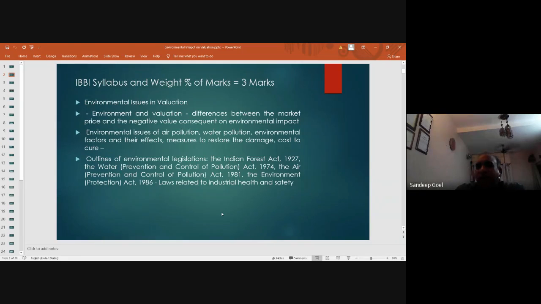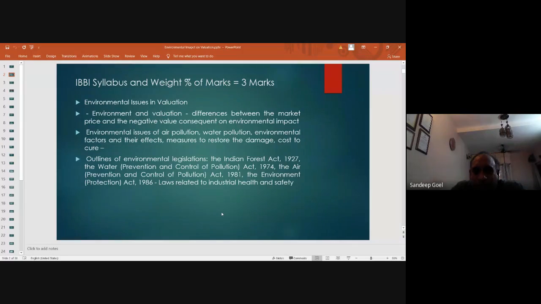So that's why this topic has been put into the valuation report. Is there any environmental negative factor attached to the property? There may be a column or a row where you have to explain it. No, there is no environmental negative impact on the property. If there is, yes, you have to elaborate what type of environmental pollution is there, what will be the remedial cost, and what is the stigma attached to that property. That's why it has been included in the syllabus.